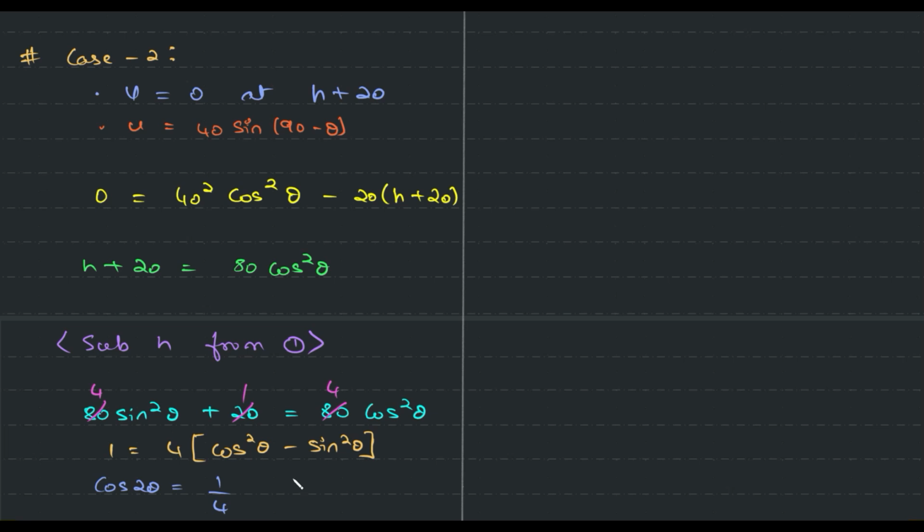So we need cos inverse of 1/4. All these values, I just gave some random values, so we need to use a calculator for this. Cos inverse of 0.25 is approximately 75 to 76.